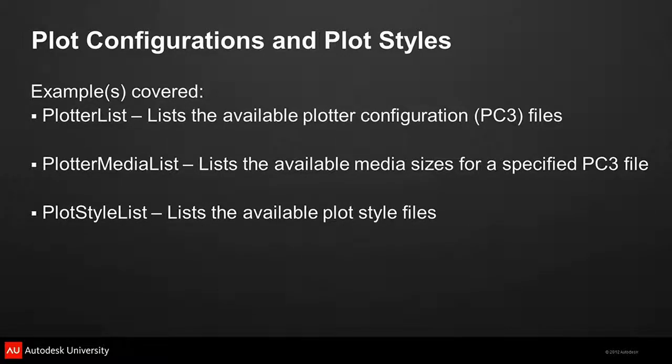So the important stuff for your code is more or less to know what it can utilize, which media is available, so which sizes are available for your device. You can get the listing of plotters, plot styles, as well as media, so whether or not it's an 8.5 by 11 and stuff like that. Those types of information you can access from .NET.